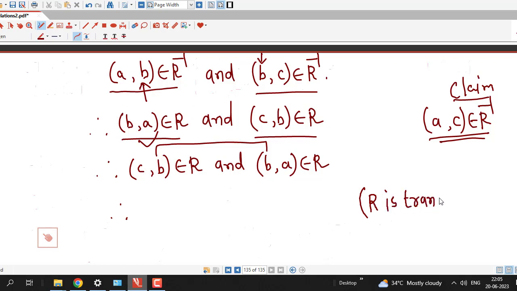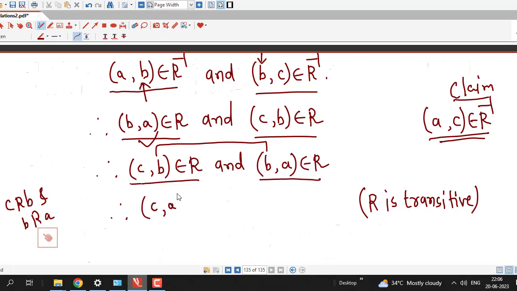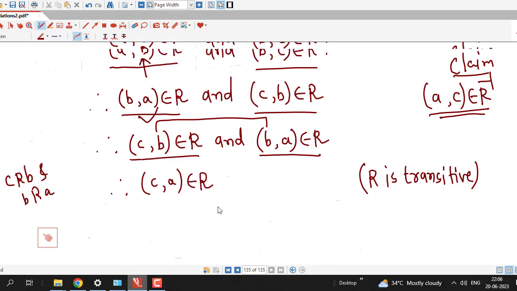C is related to B and B is related to A, and R is transitive, therefore we must have C related to A, or the ordered pair (C, A) belongs to R.